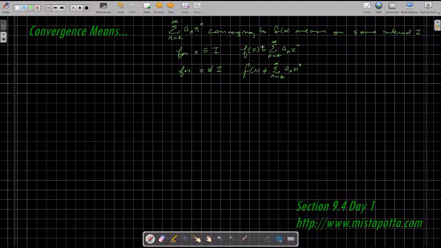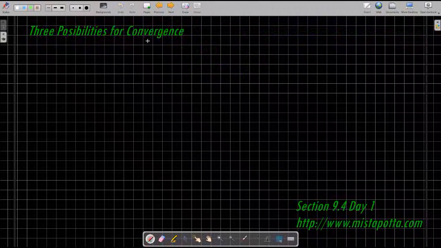The three possibilities are, one, that f of x can equal my power series p of x for all real x, in other words, for the whole reals.